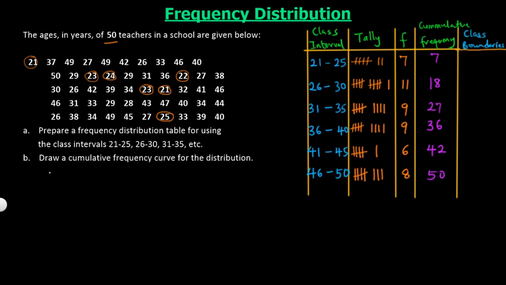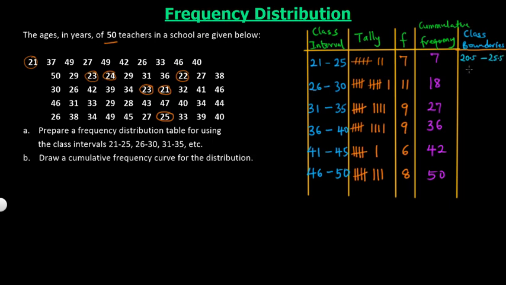So let's determine the class boundaries for these. This is the lower limit, this is the upper limit. So the class boundary is going to be, we remove 0.5 from here, we add 0.5 to this. So this is going to be 20.5 to 25.5.